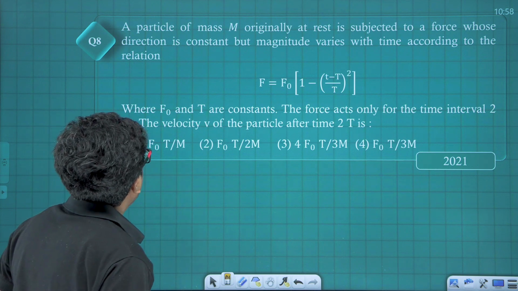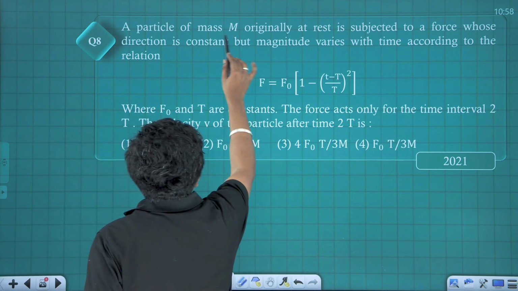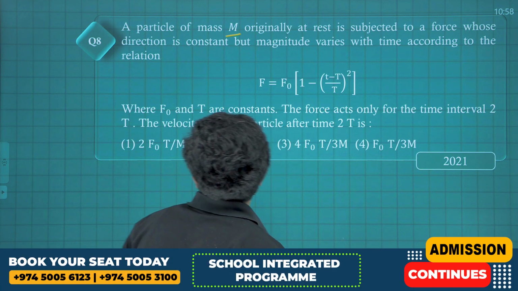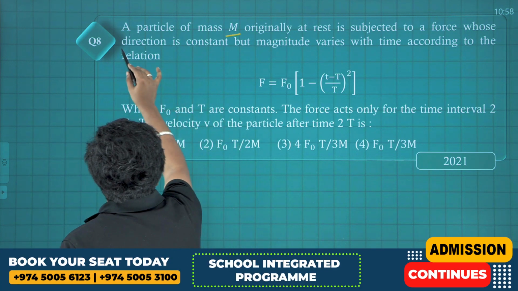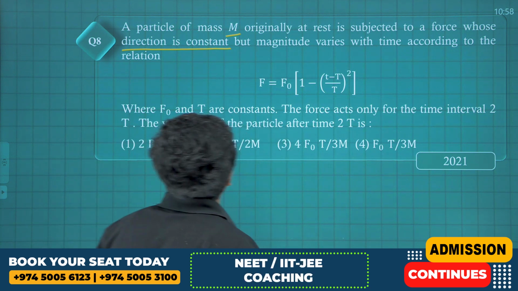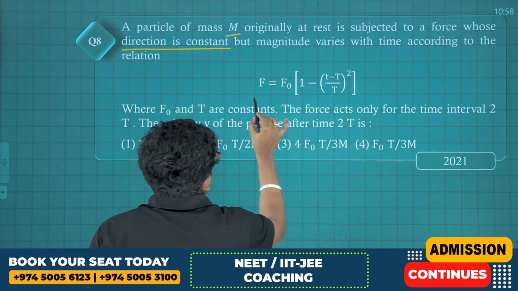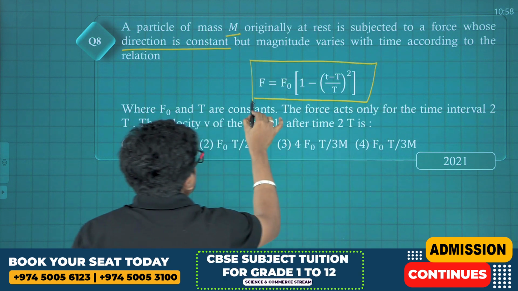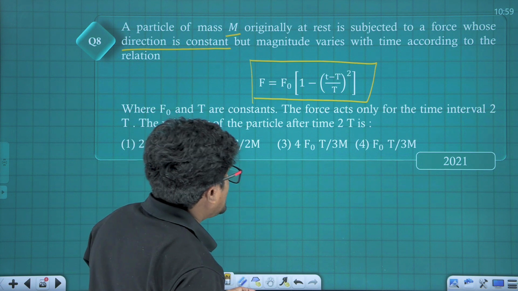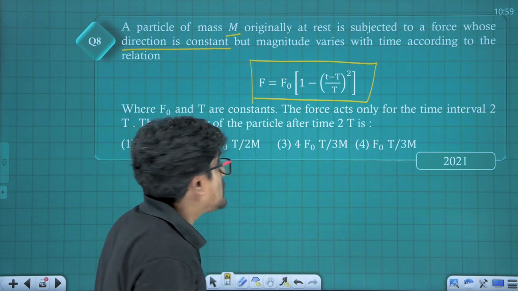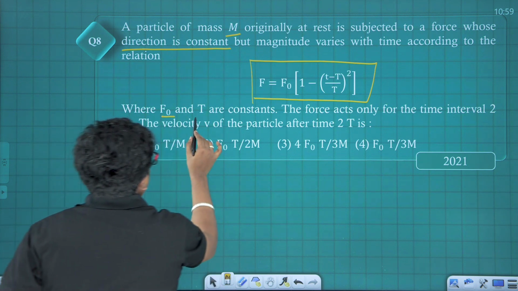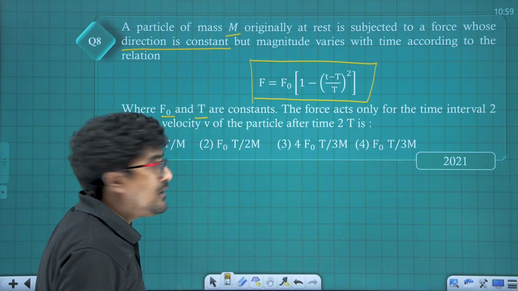Okay. Moving to the next, question number 8. The question says, a particle of mass capital M originally at rest is subjected to a force whose direction is constant. I repeat, the direction is constant, but the magnitude varies with time according to the relation F equals F naught into 1 minus ((t minus T) by T) the whole square, where F0 and capital T are constants.